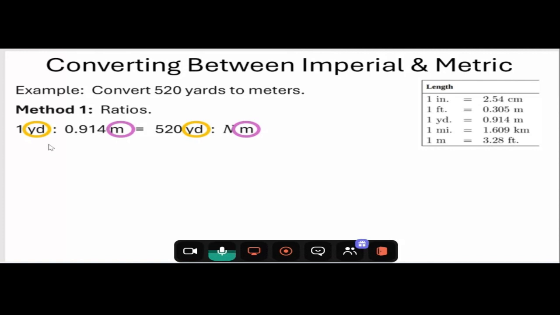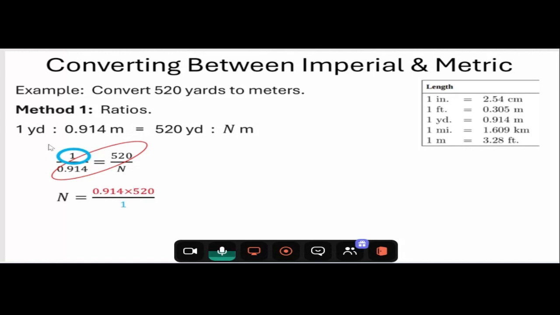So we have yards to meters on the left and yards to meters on the right. The rest we can breeze through, turn them into fractions, multiply the pair that doesn't have a variable and divide by the other one. 0.914 times 520 divided by 1. 475.28 meters. So 520 yards is 475 meters.